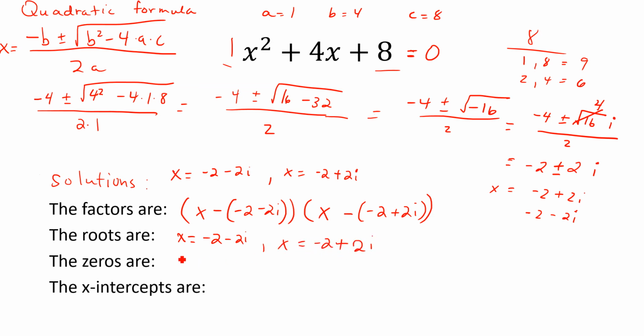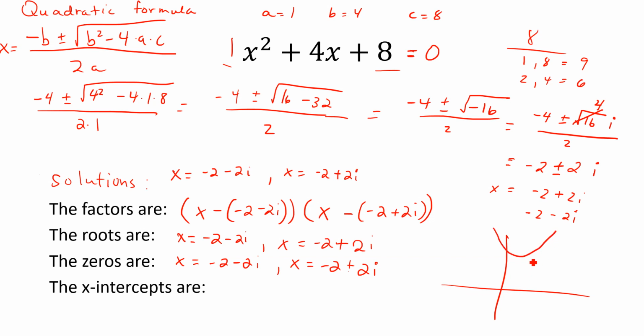Okay, so what about the x-intercepts? We used the solutions before for our roots. We used them for our factors, but can we use these for our x-intercepts? Actually, no. Complex solutions do not give you x-intercepts, because if we were to graph this, the actual graph would look something like this.